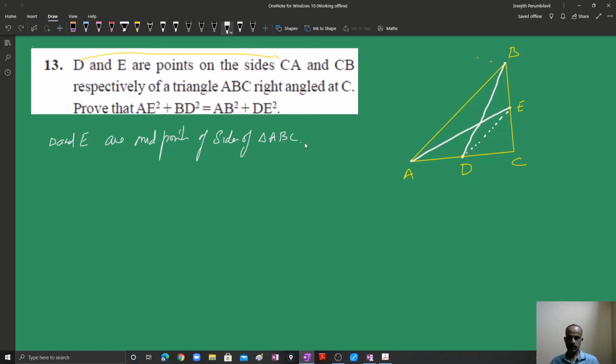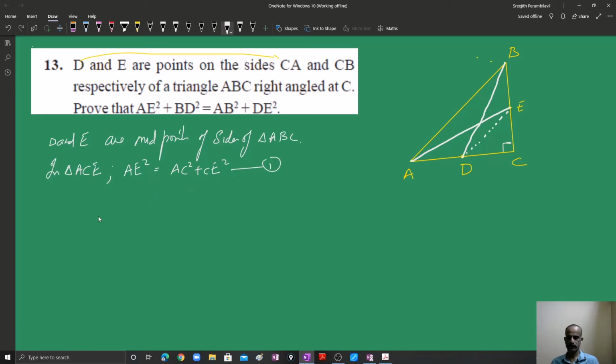So to prove this, what do we do? AE is the hypotenuse of a triangle. Yes. In triangle ACE, AE square is equal to AC square plus CE square.